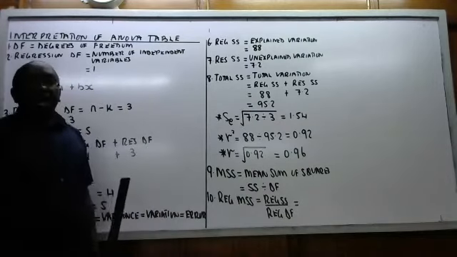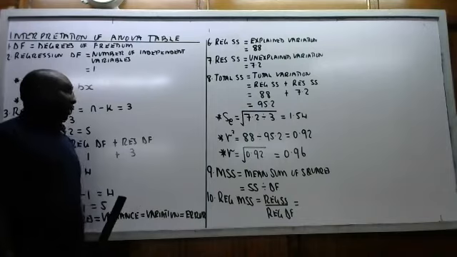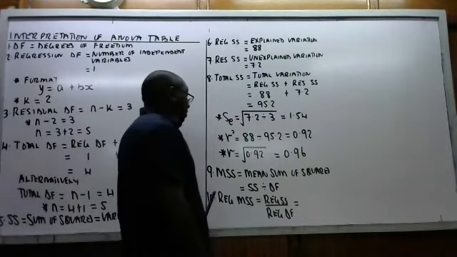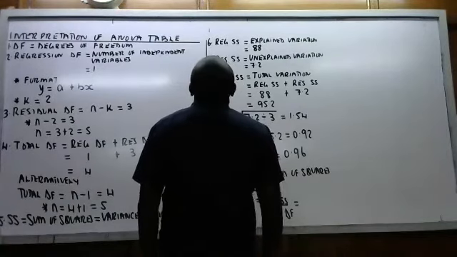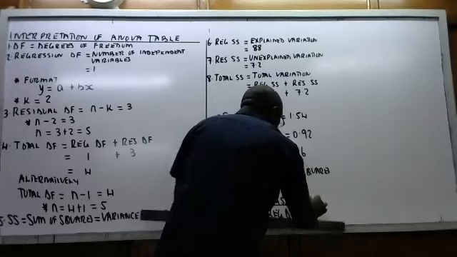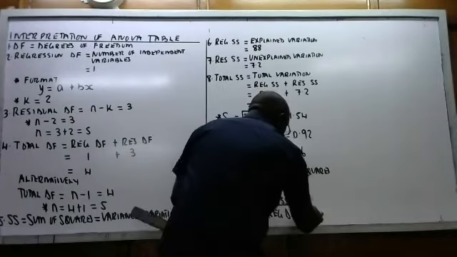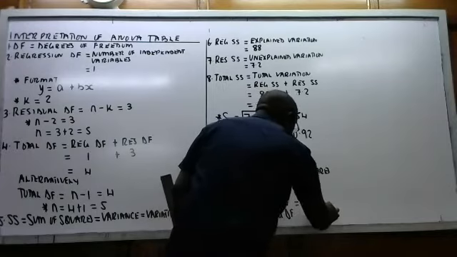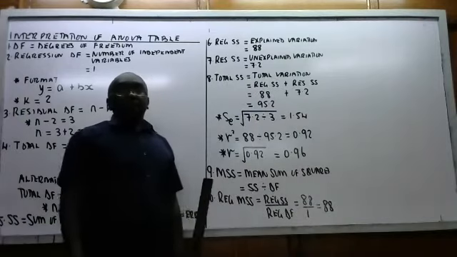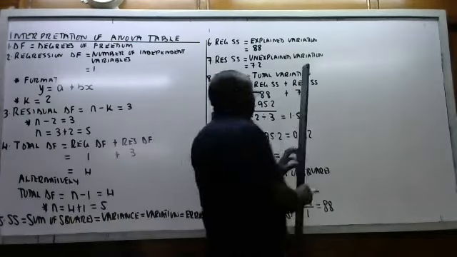We already know regression SS is 88. We know the regression DF is 1, and you get 88. Is it the one given in the paper? Good.